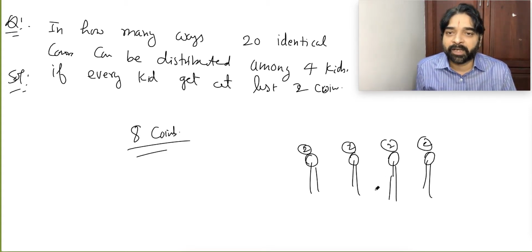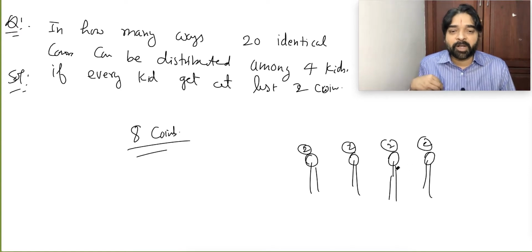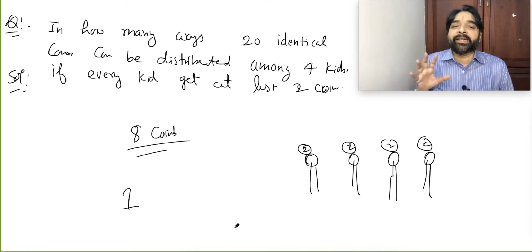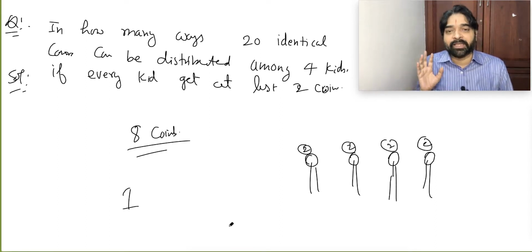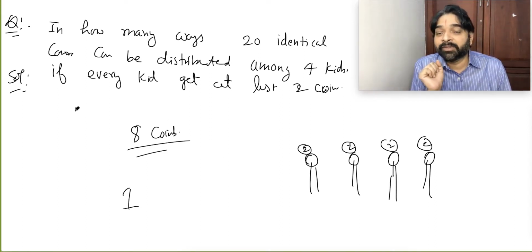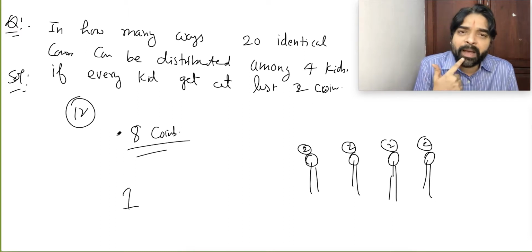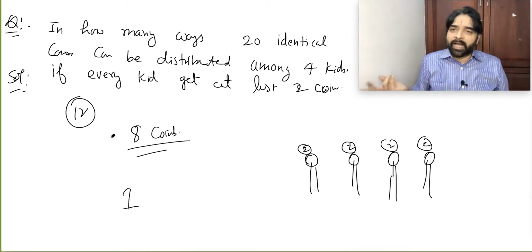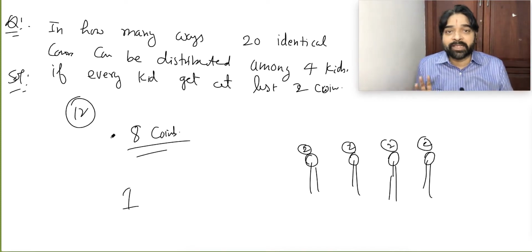Are you getting my point or not? Now in how many ways will I do this process? 1 way, because we know we have to give 2 coins. Now in my pocket only 12 coins are left. Do we have any restriction now? No. Whatever I want to give to whom, I can give, because the minimum condition is already satisfied.